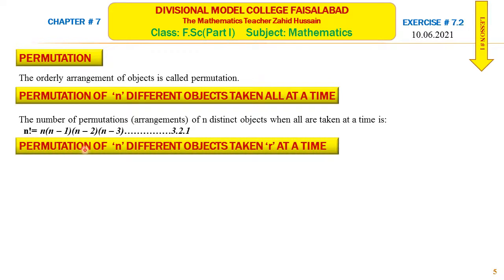Second is permutation of n different objects taken r at a time. You need not take all the objects at a time, but some of them. The objects must be different or distinct. And if you are asked to use any particular number, not all, if there are 5 different objects and you are asked to use 3 of 5, then find how many arrangements can be made.